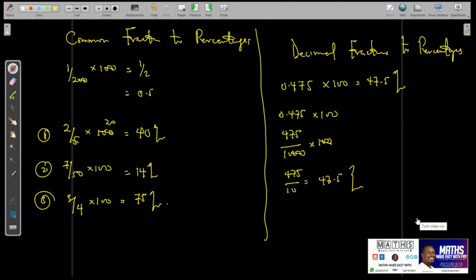But the whole mark is that whenever you have any decimal fraction and you want to convert it to percentages, you multiply by 100. Please, are we all clear? Yes, please. All right. So try this for me.